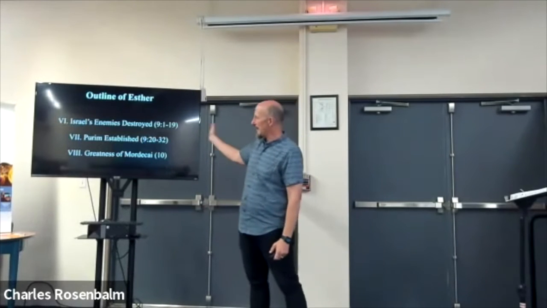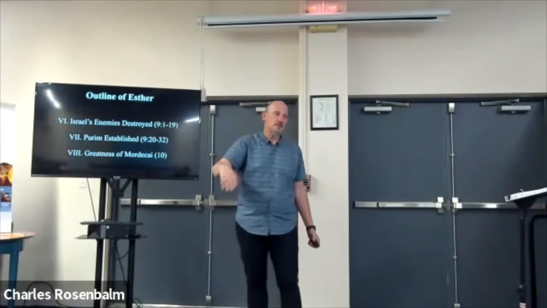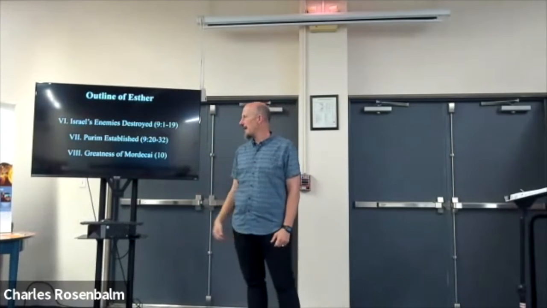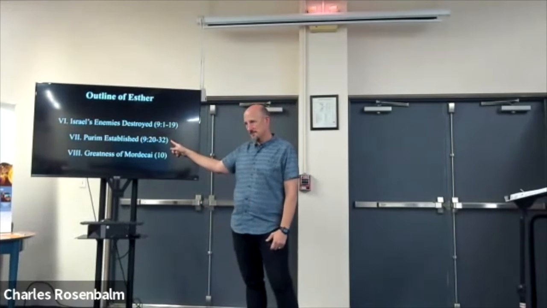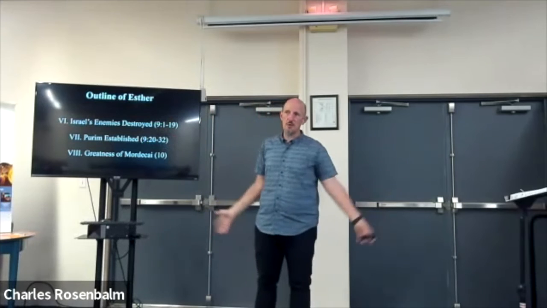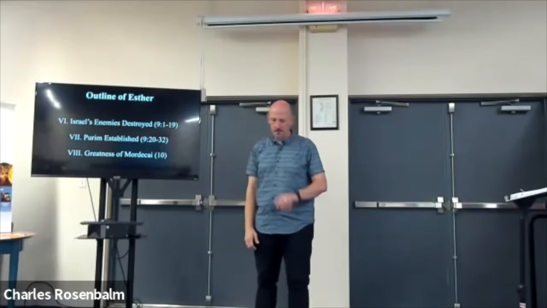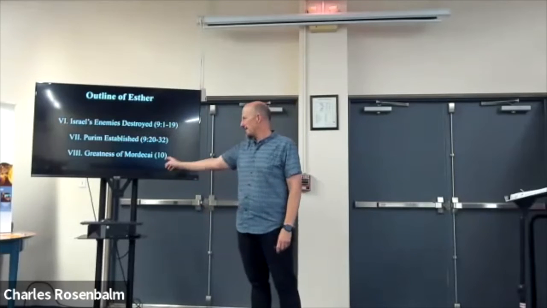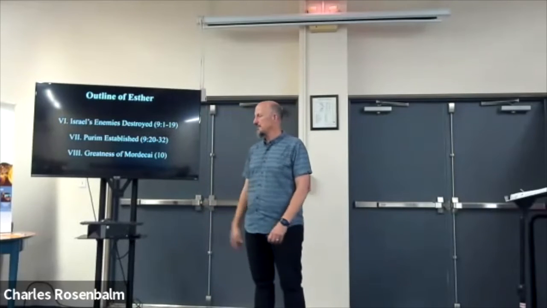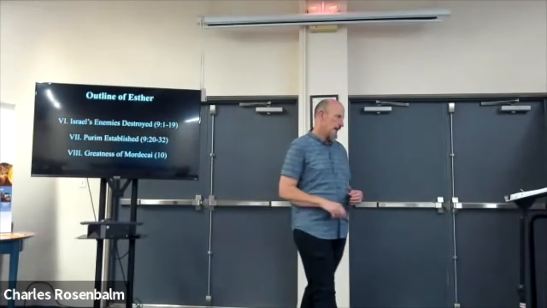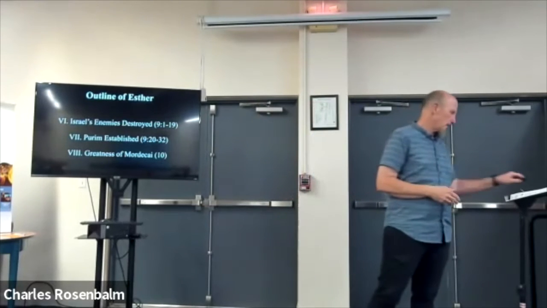And so in chapter 9, all of their enemies are destroyed. The last part of chapter 9 is the establishment of this annual feast that will remember this great day when Israel's enemies were destroyed. In the last couple verses, which is chapter 10, how great is Mordecai. There you go. That's the story of Esther.